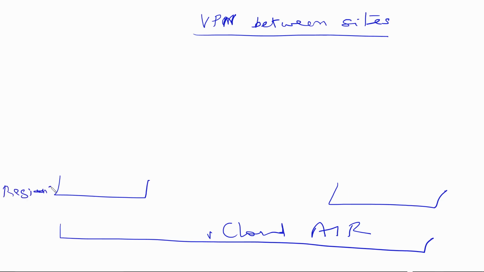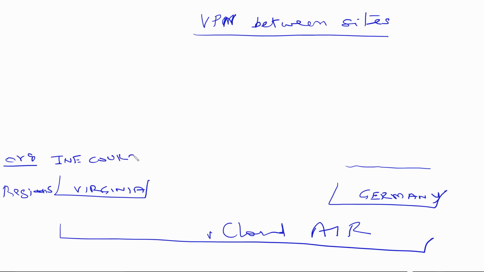These are called regions. So I'm using Virginia and one of the regions in Germany, and in there I have organizations. So the org in Virginia is called or has been named INE course organization.